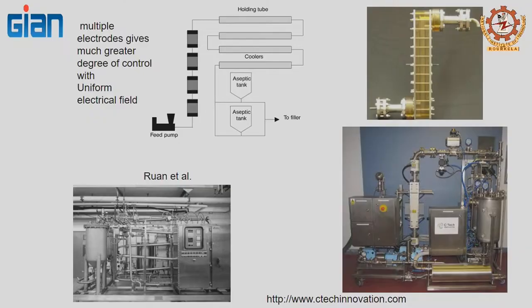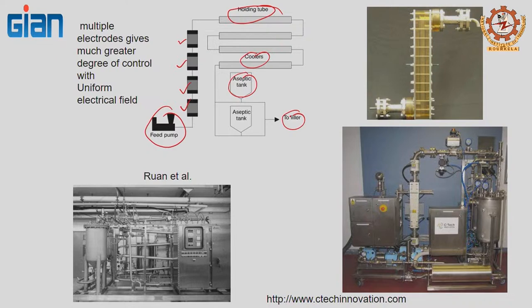In a traditional ohmic heating system, you are going to have multiple ohmic heaters. In this example you may have 1, 2, 3, 4 ohmic heaters. Then the rest of the system has a feed pump, a holding tube, a cooling section, an aseptic tank, and a filler.